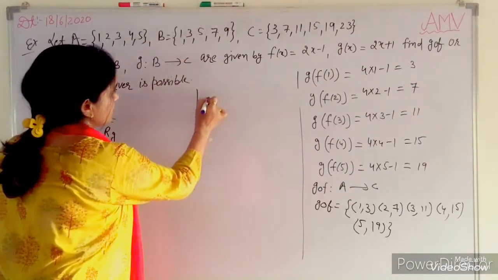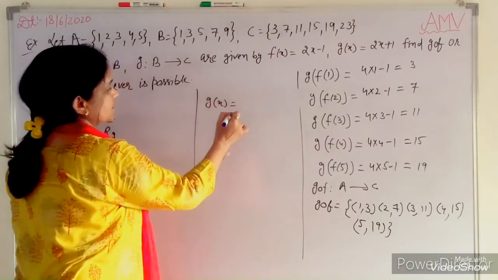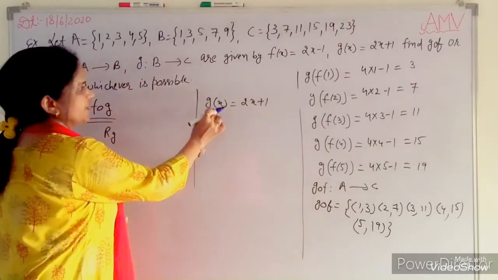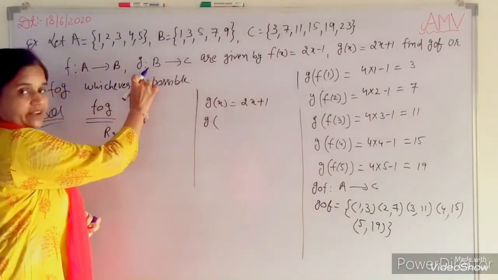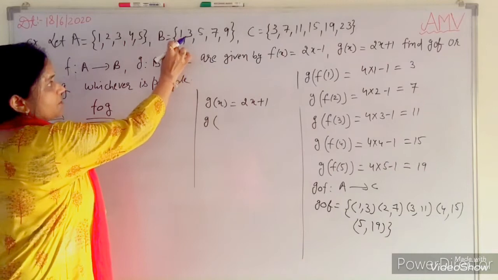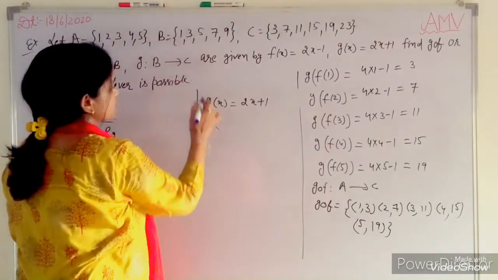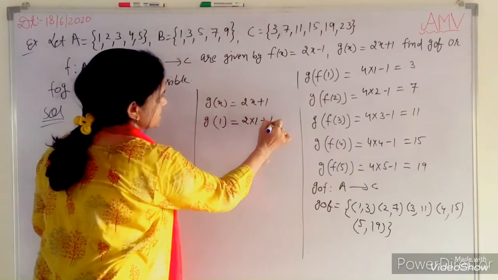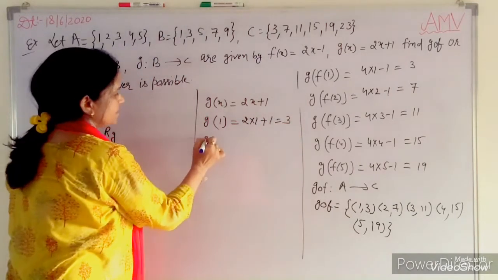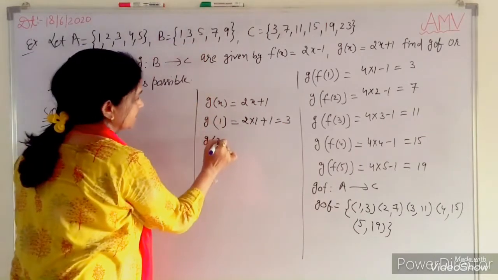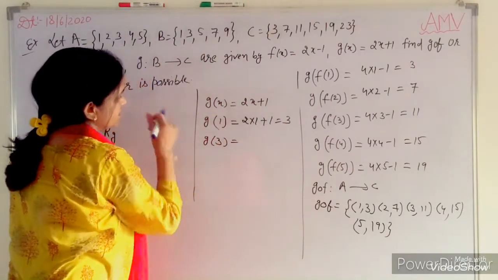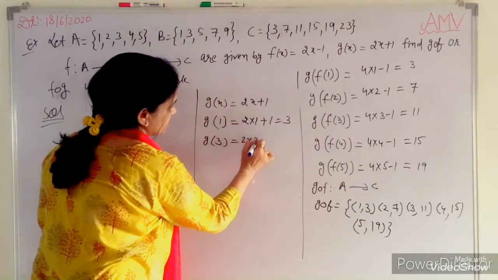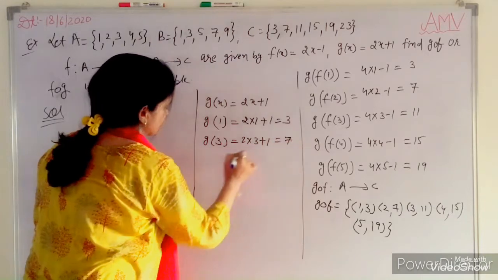Here g(x) is given as 2x plus 1. Substitute values of x. g is defined from B to C. So from B, the first element is 1. You will substitute 2 into 1 plus 1. It's 3. Now for g(3), it is 2 into 3 plus 1, 7.